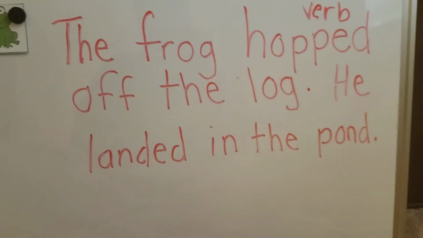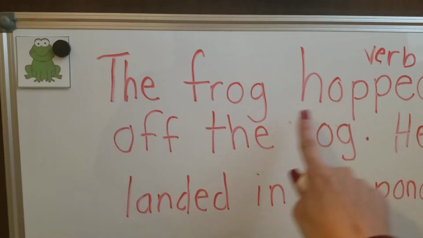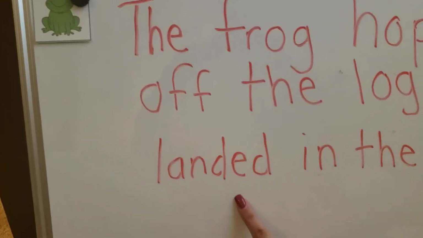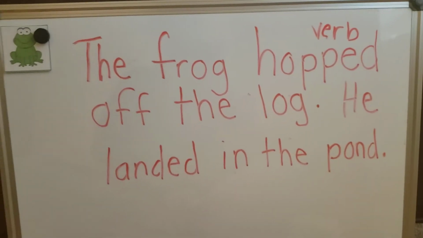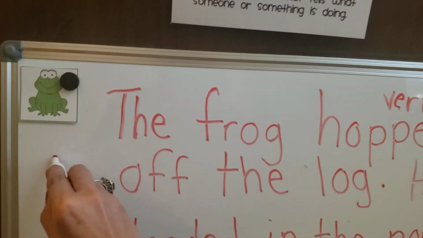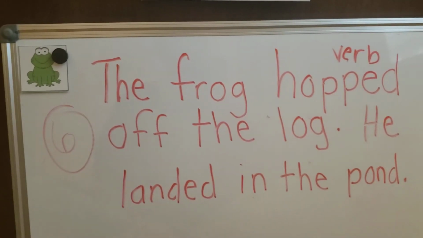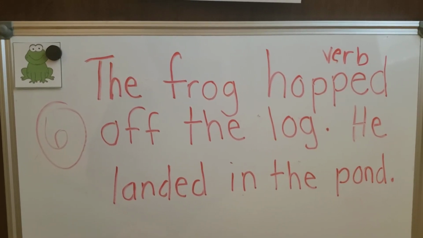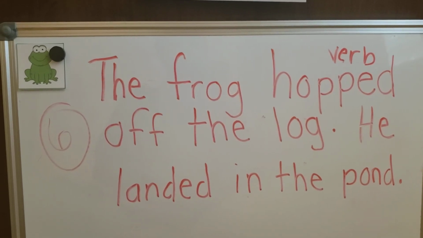Now, the frog hopped off the log. He landed in the pond. I'm now a level 6 writer because I added 2 sentences, and those 2 sentences go together. I'm telling you what the frog did. He hopped off the log, and then he landed in the pond.